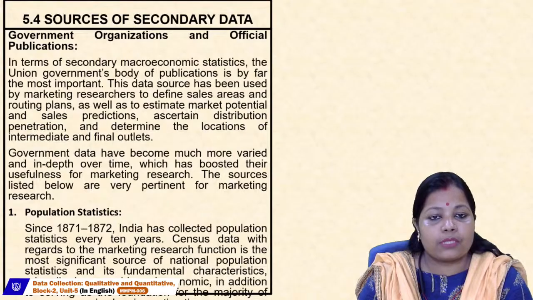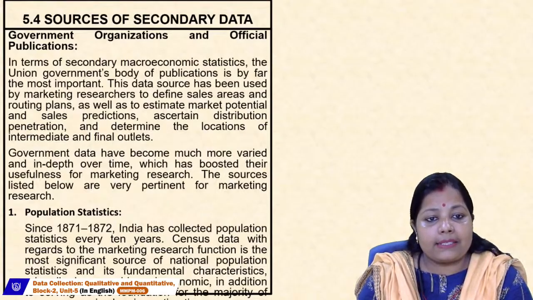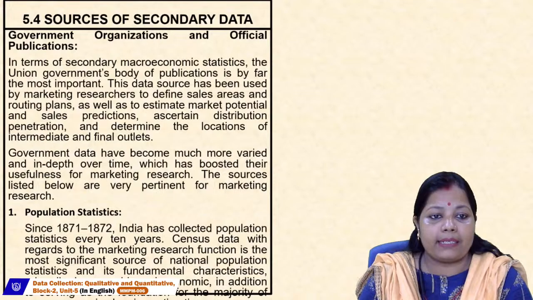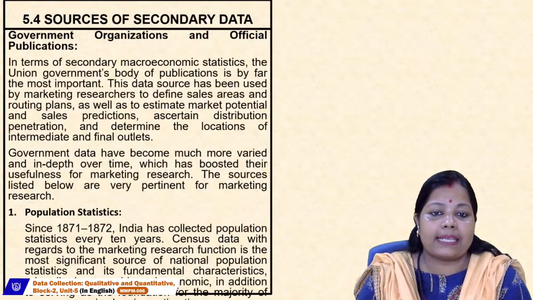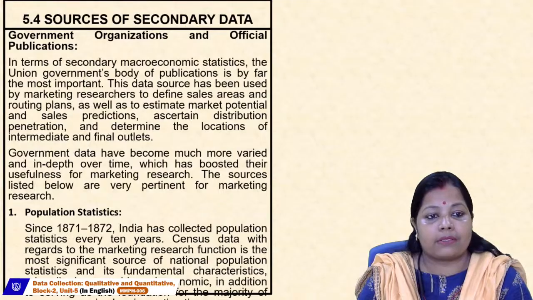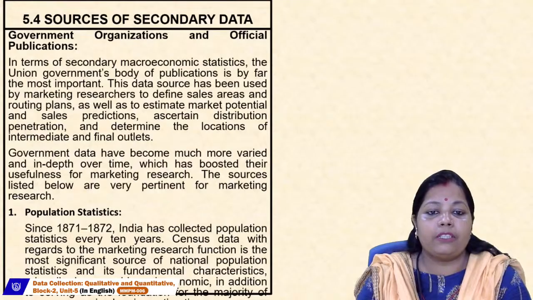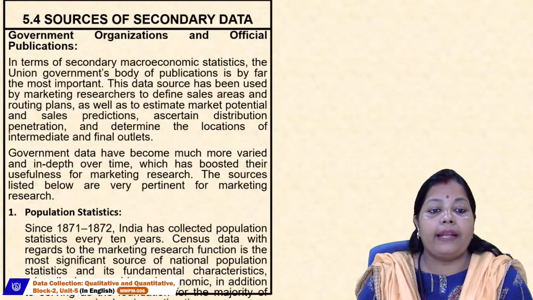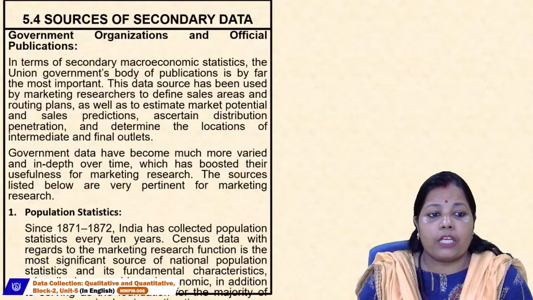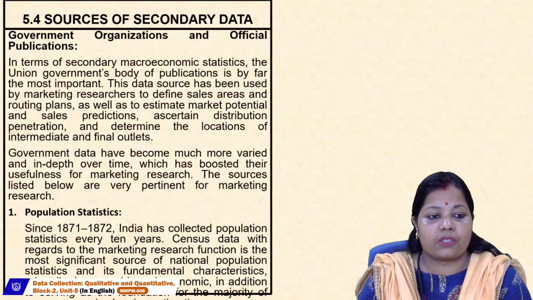This data source has been used by marketing researchers to define sales areas and routing plans, as well as to estimate market potentials and sales predictions, which ascertain distribution, penetration, and determine the location of the intermediate and final outlet. Government data have become more varied and in depth over time, which has boosted their usefulness for marketing research.